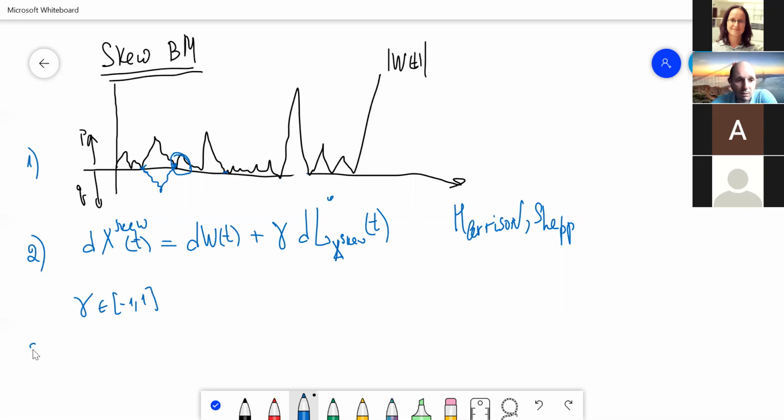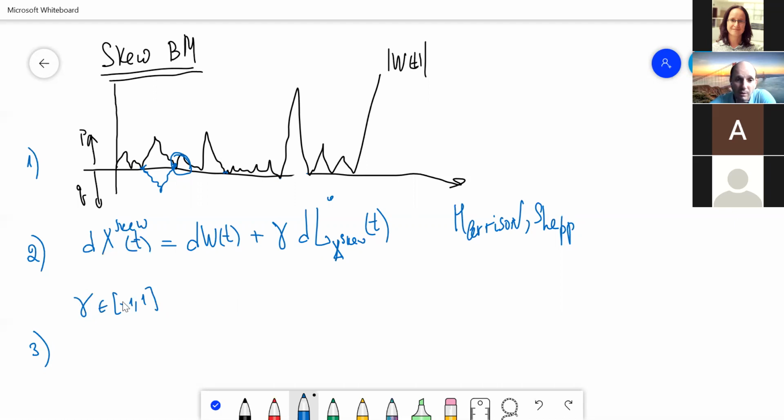And the third way to give an equivalent definition of skew Brownian motion is as follows.